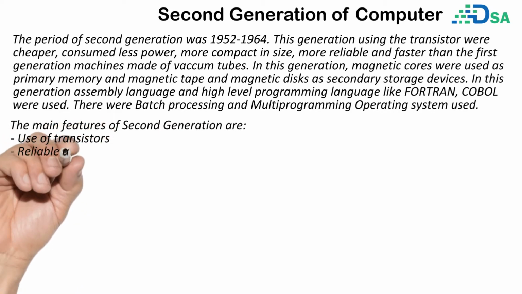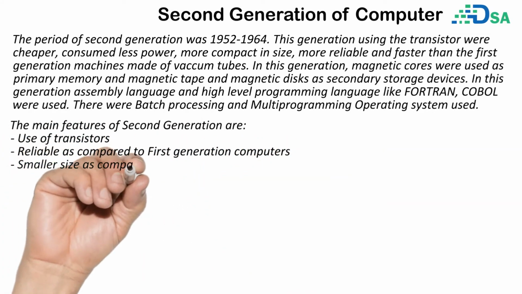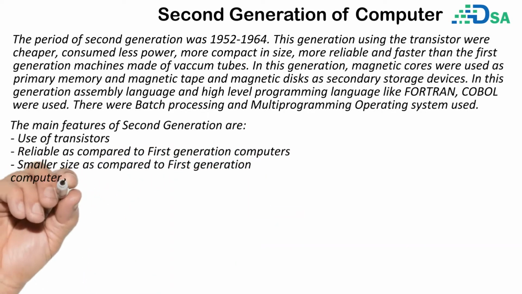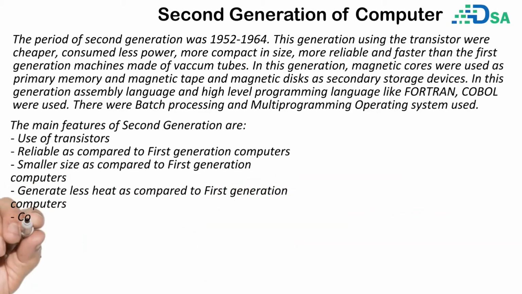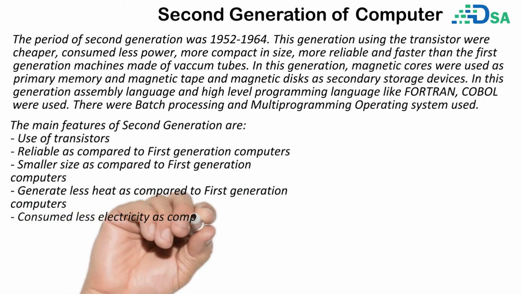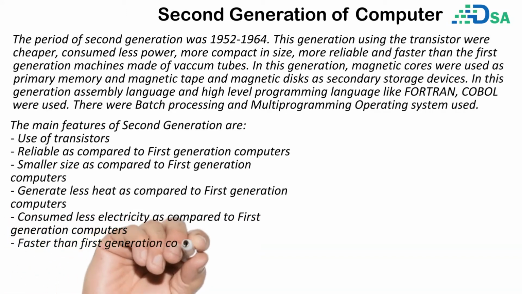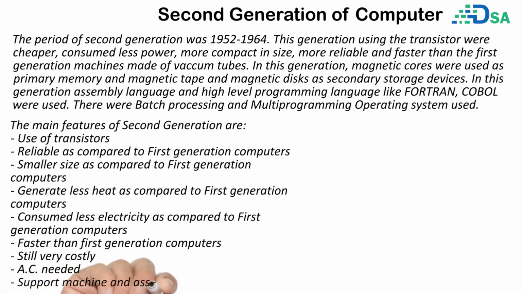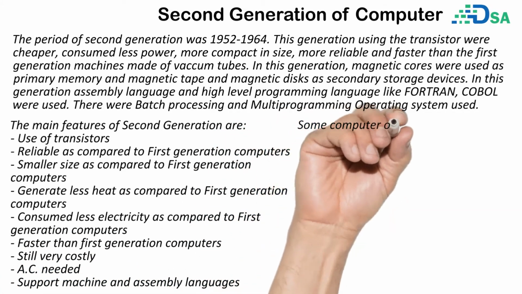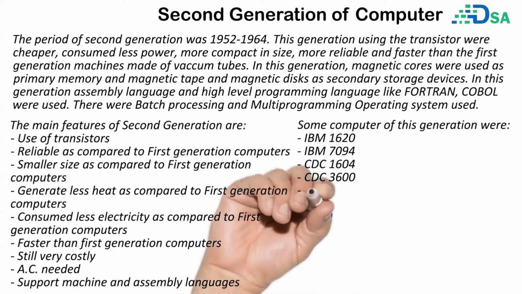The main features of second generation are: use of transistors, reliable as compared to first generation computers, smaller size as compared to first generation computers, generate less heat as compared to first generation computers, consume less electricity as compared to first generation computers, faster than first generation computers, still very costly, AC needed, support machine and assembly languages.